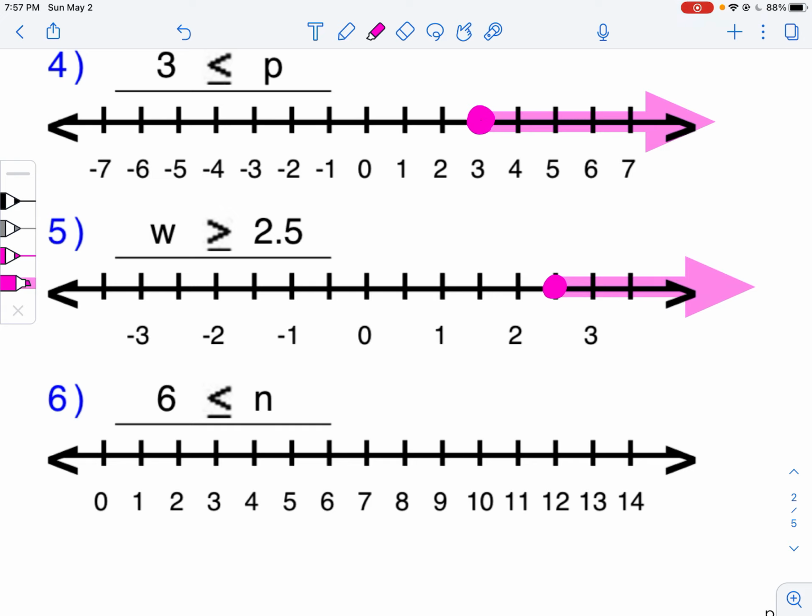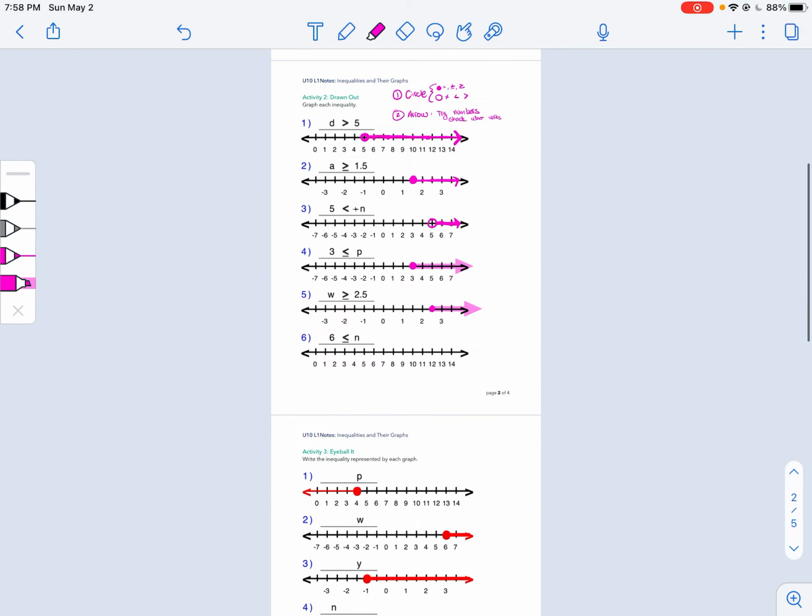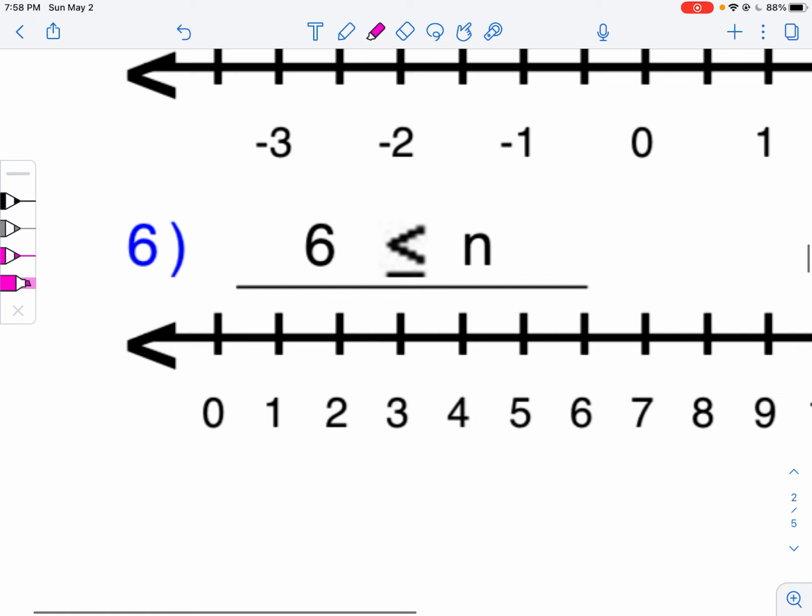Ha ha. Cool. You can make your arrow just go to here. You can make it go past your graph if you want. That's fine. And finally, we have 6 is less than or equal to n. But guys, look, all of our arrows have gone the whole way. So I'm going to make an executive decision, and I'm going to change this problem. I'm going to say no.